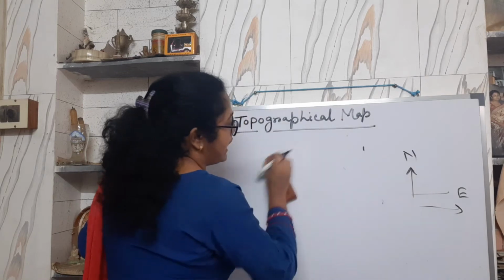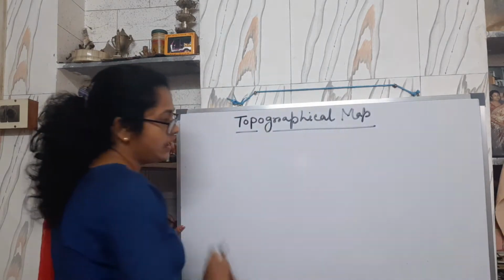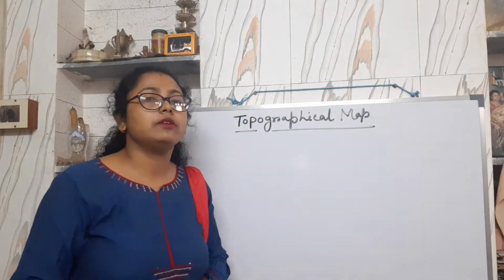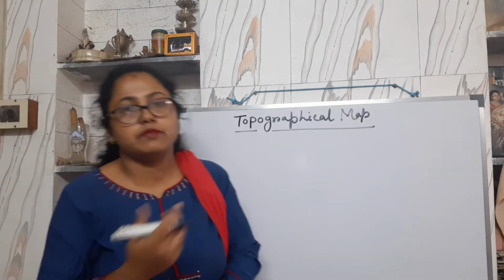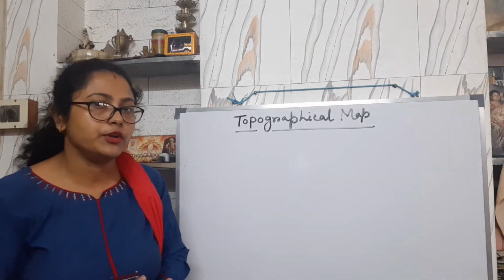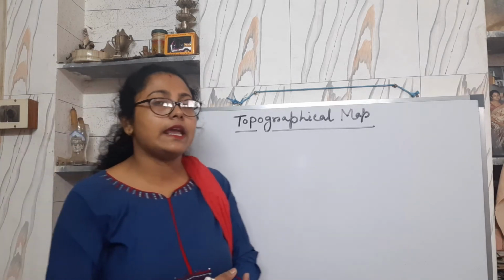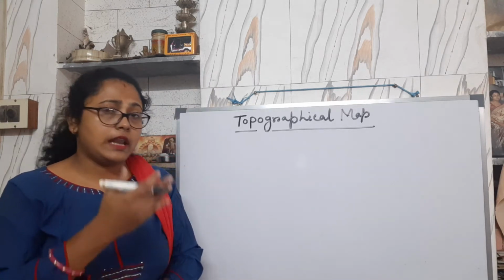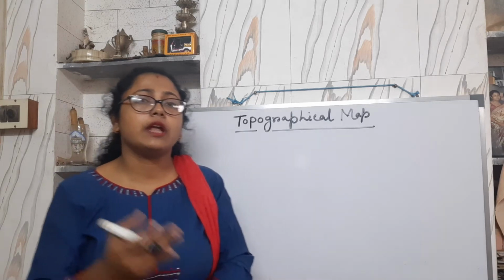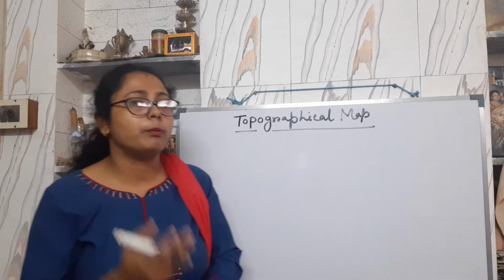So give me some time to draw the map. Before this, I want to tell you the need for the 4-figure and 6-figure grid reference. Just now I told you that in the case of a topographical map, to locate any place, the grids of latitude and longitude cannot give a proper idea.